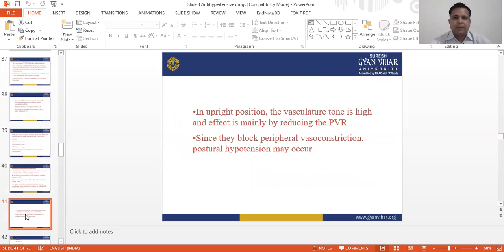In the upright position, the vasculature tone is high and the effect is mainly by reducing peripheral vascular resistance. Since they block peripheral vasoconstriction, postural hypotension may occur.